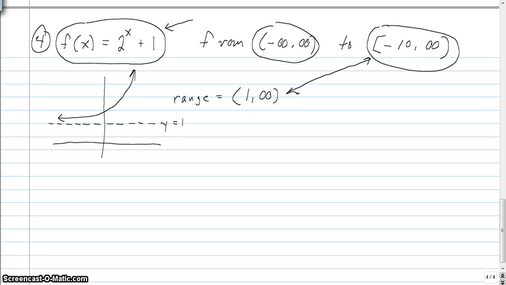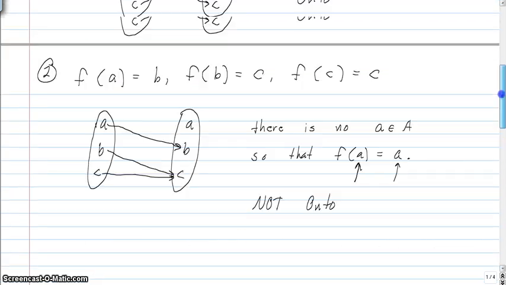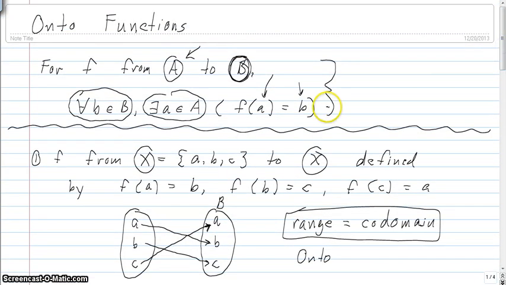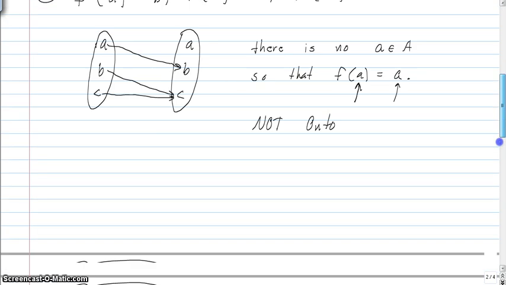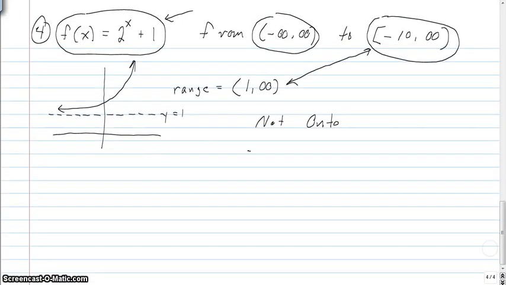And so how would we verify that this function is not onto? Well, one thing we might do is take the negation of our definition. Right? Remember, if I negate for all, I get there exists. And if I negate there exists, I get for all.